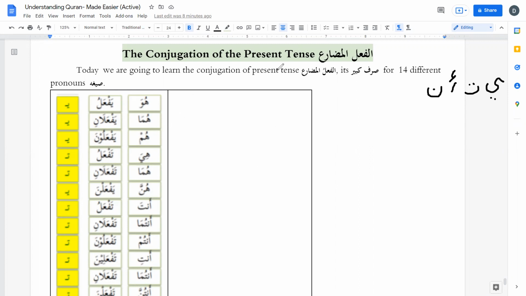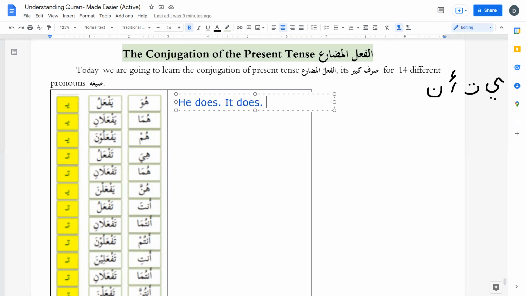So inshallah, we are going to see how these beginnings, the symbols for mudari, come for different pronouns. So if huwa is he, so huwa yaf'alu, he does, or he is doing, or it can also mean it does, or it is doing, or he will be doing, something like that.